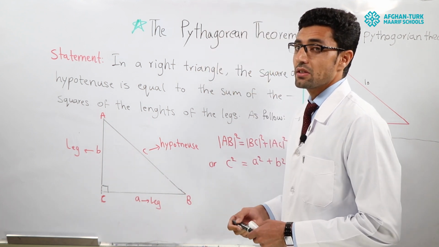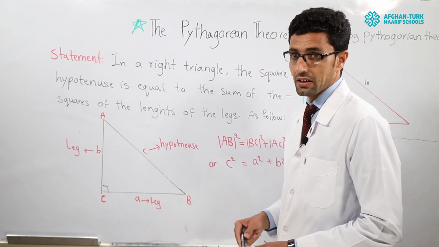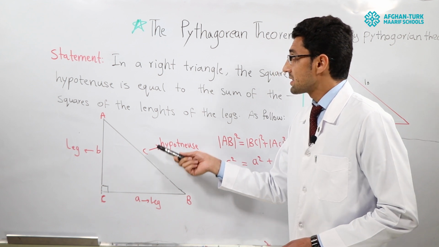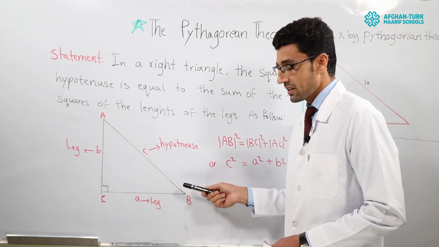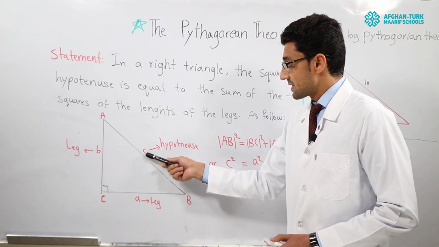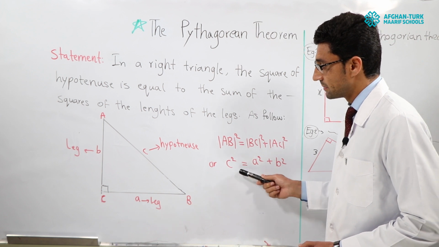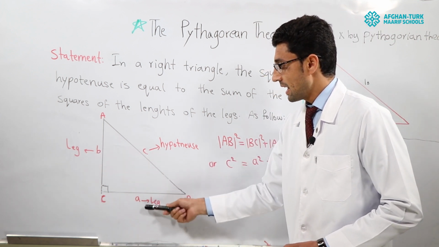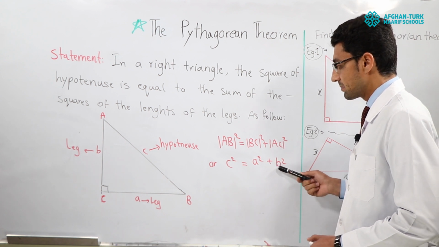We are going to study the Pythagorean theorem on this triangle. What does the Pythagorean theorem say? If you have this type of triangle, a right angle triangle, C square is equal to B square plus A square, or A square plus B square.